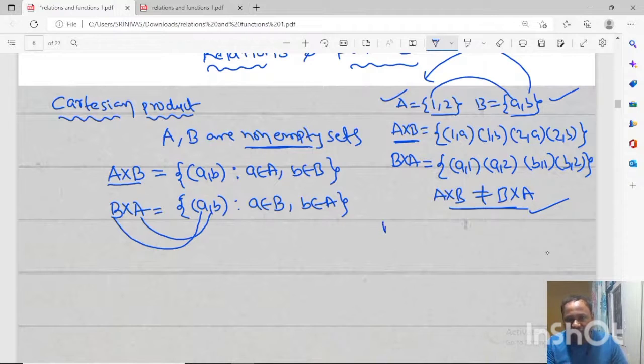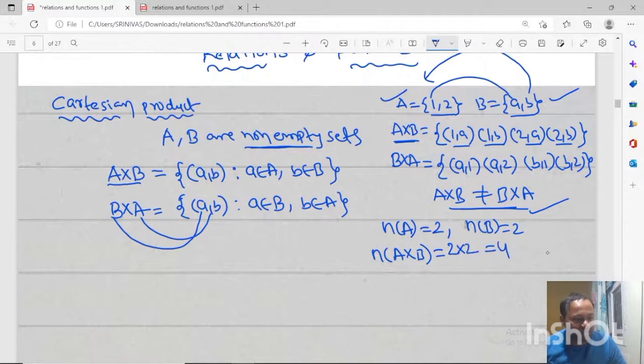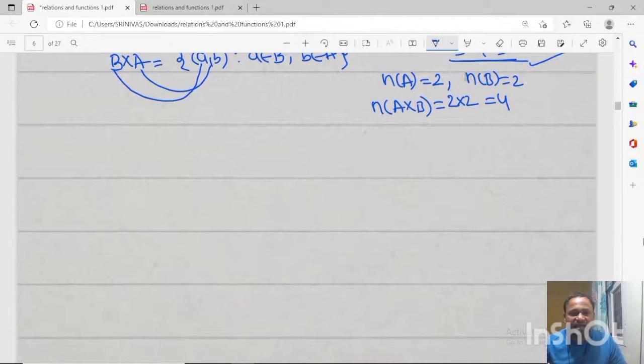N of A, how many elements are there? Already I told you N of A means cardinality. Cardinality is nothing but the number of elements. N of A is equal to how many? 2. N of B is equal to how many? 2. So then the number of elements in A cross B, how many elements are there? 1, 2, 3, 4. That is nothing but 2 into 2 is equal to 4. Very simple. So from this I can write one formula. What is that formula?